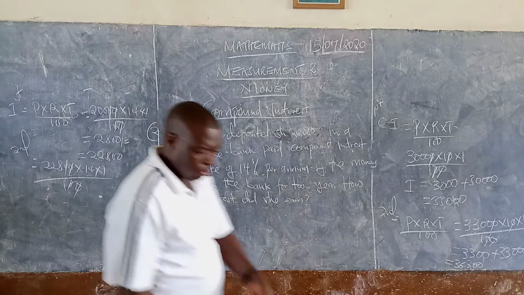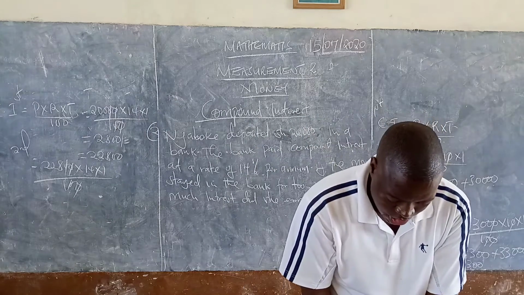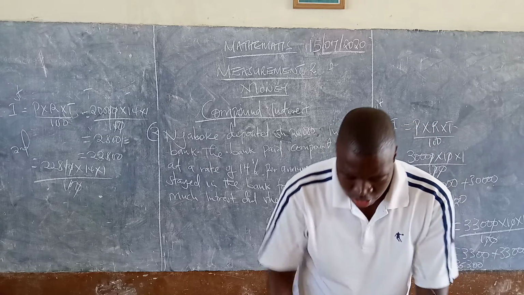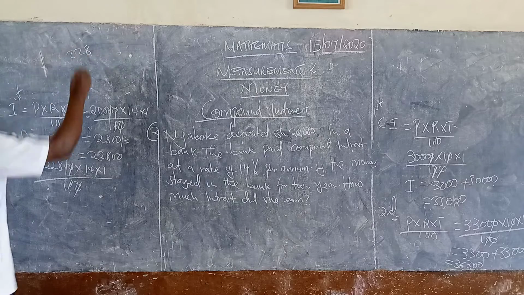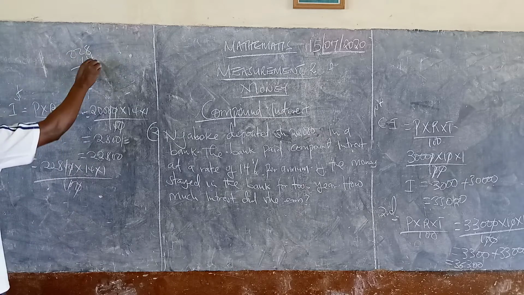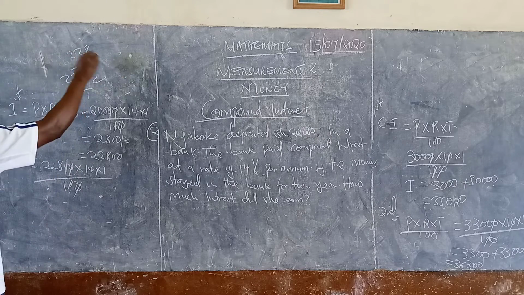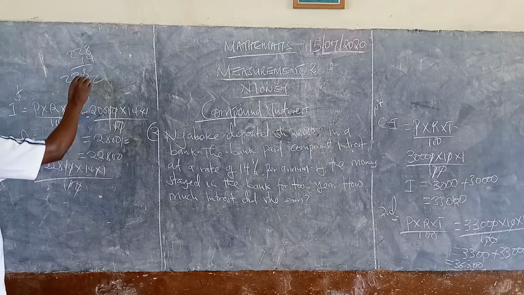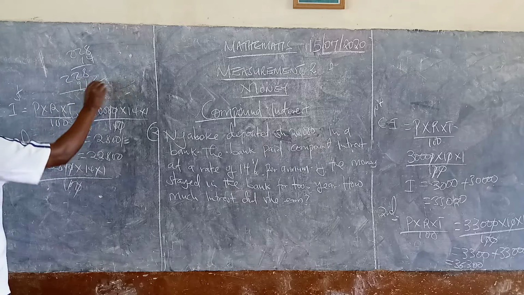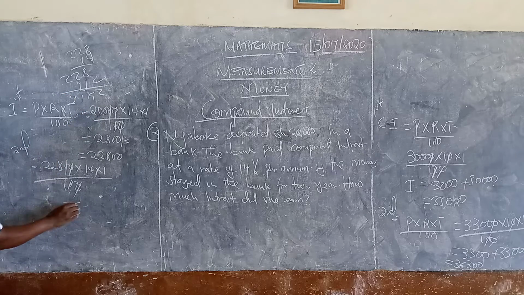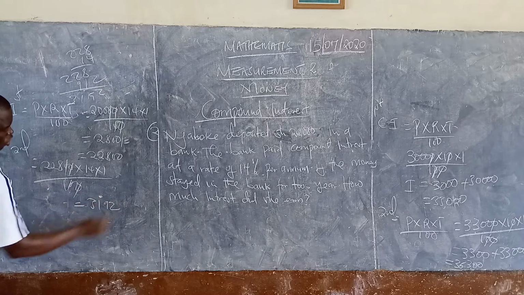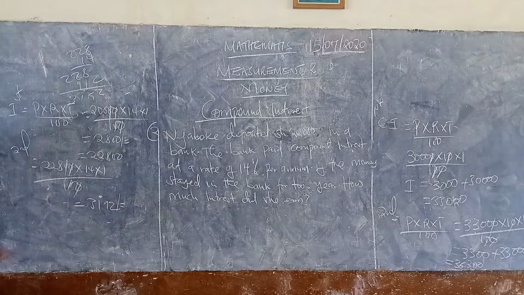Learners, we can do it roughly here. So 2, 2, 8, we multiply by 1, 4. We have 8, 2, 2, 32. That is 11, and that is 9. So 2, 9, 1, 3. So we have 3,192. So this is the new principal.